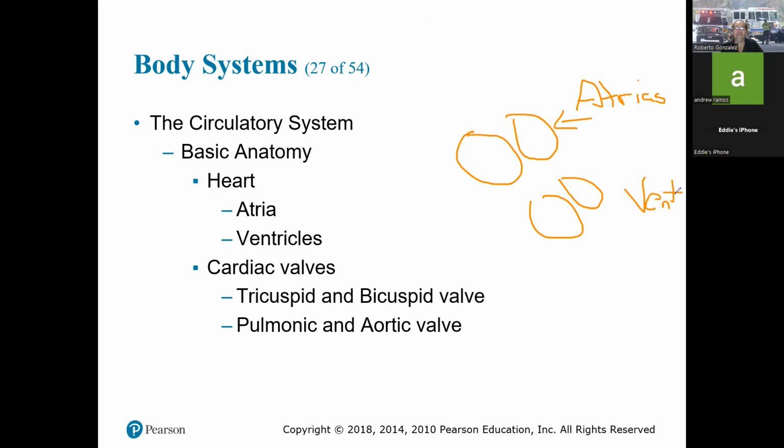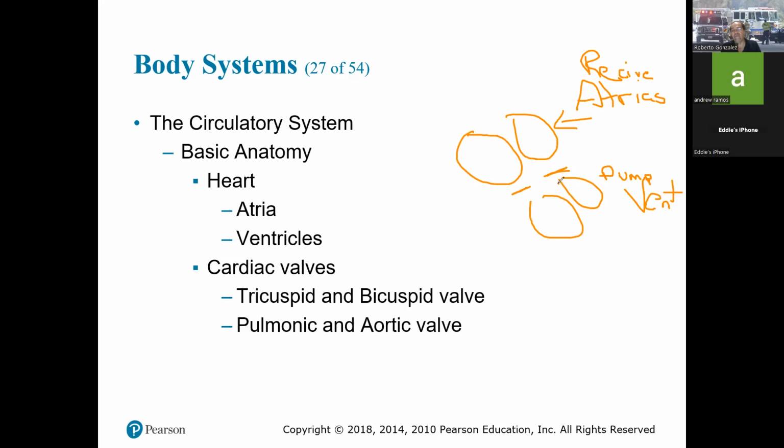Atria receive blood, and ventricles pump blood. So the ventricles will pump to the whole body, and the atria are going to receive it from the body. In between this, you have valves.